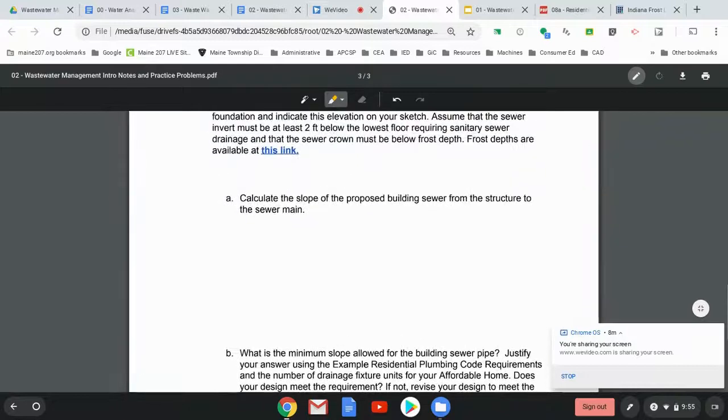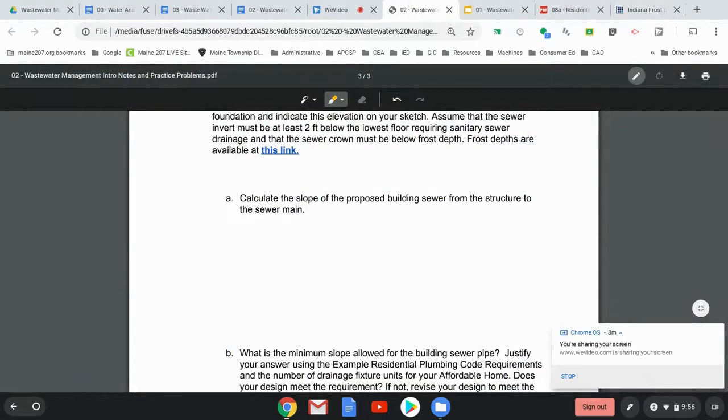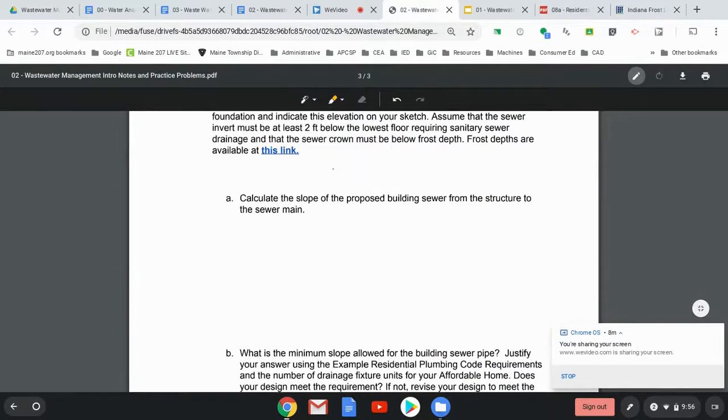Okay. So if I follow that link, it'll take me to this document here, this website here. Noblesville, Indiana is in Hamilton County. Hamilton County is the light blue, which is 54 inches. All right. So frost is 54 inches, which is 4.5 feet.